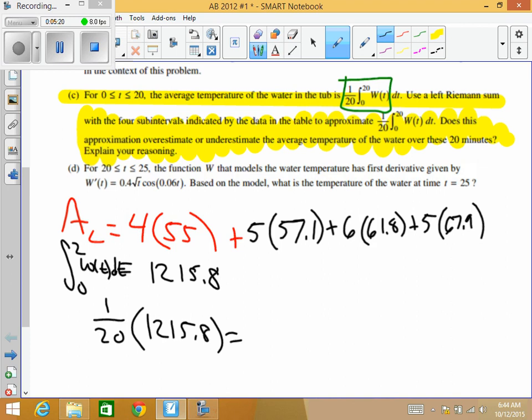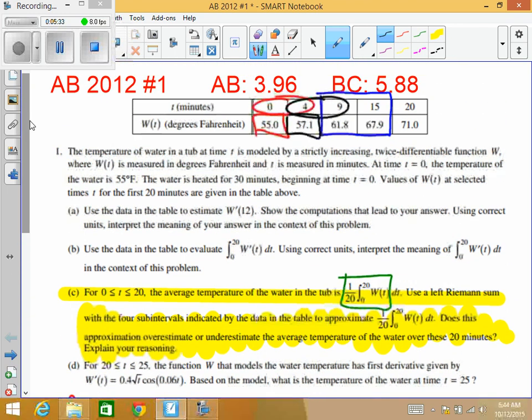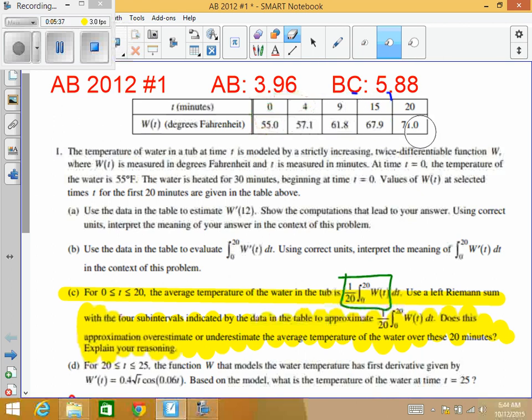Which turns out to be 60.79. That's the average value of the function from 0 to 20. And we can look at the values of the temperature to see if that seems reasonable. About 60 seems good. Our range goes from 55 all the way to 71.